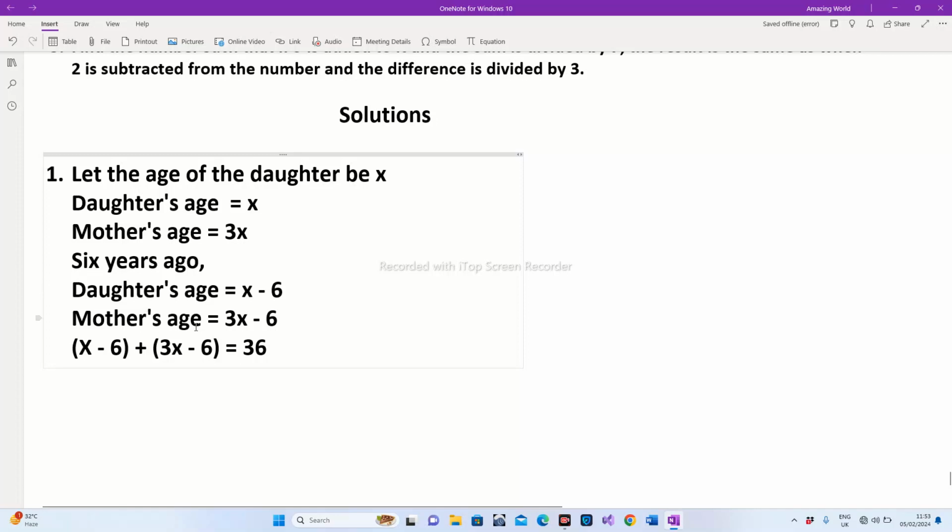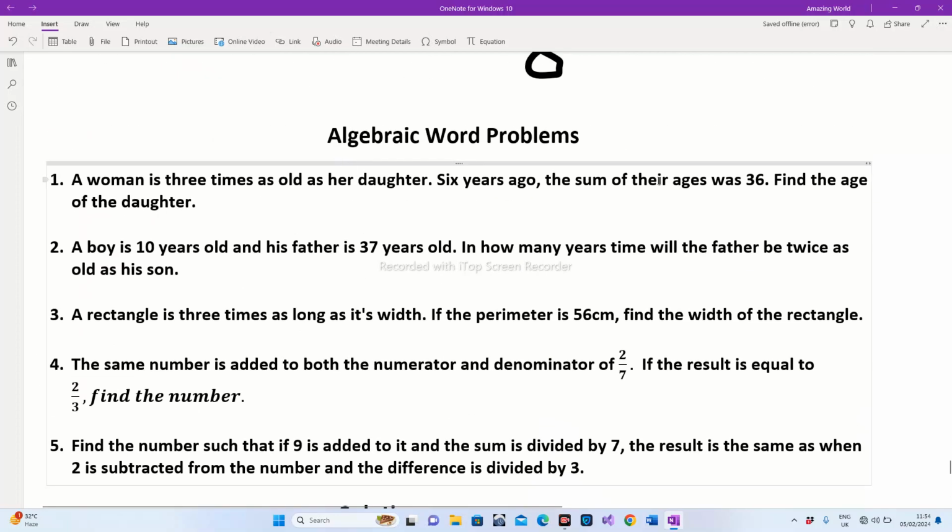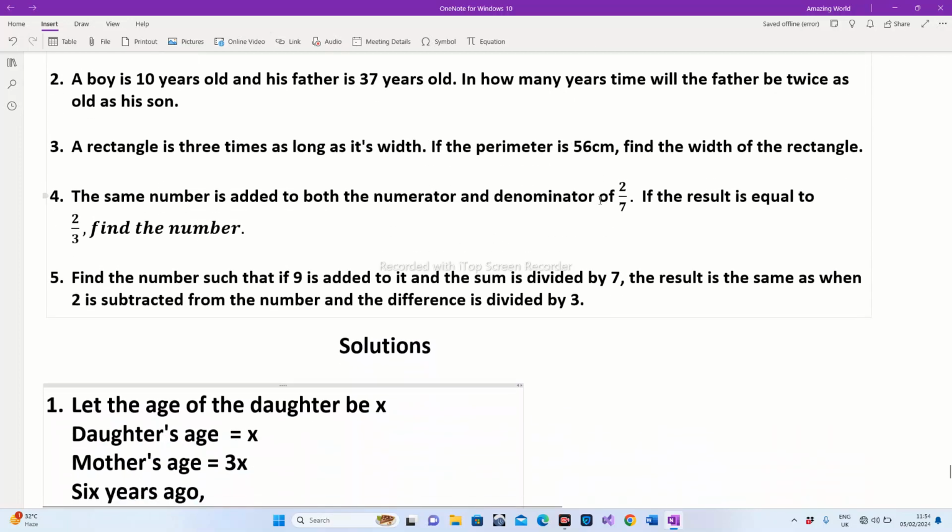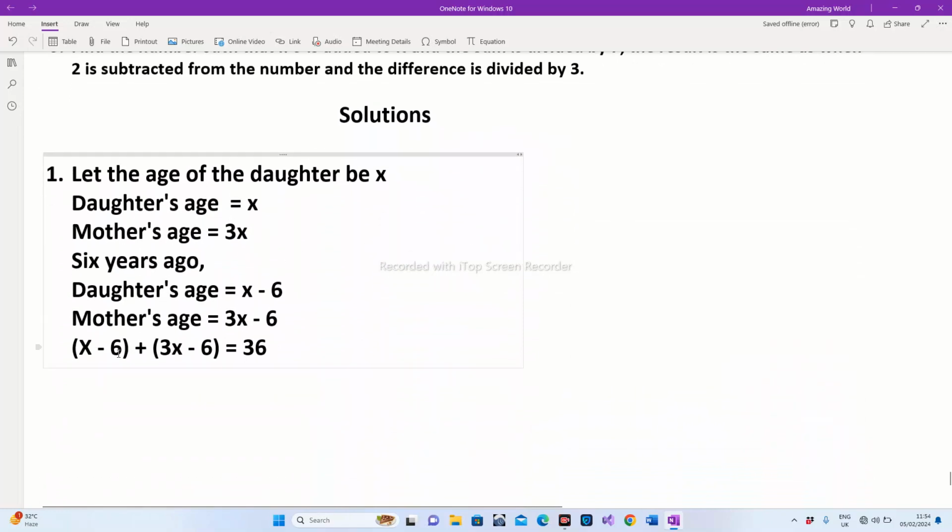And then the mother's age is 3x, because the mother is 3 times as old as the daughter, minus 6 years ago. And then the problem further stated that the sum of their ages was 36 as at 6 years ago. Then we have to find the age of the daughter, and now we have clearly put this into an algebraic expression. x minus 6 plus 3x minus 6 equals 36.